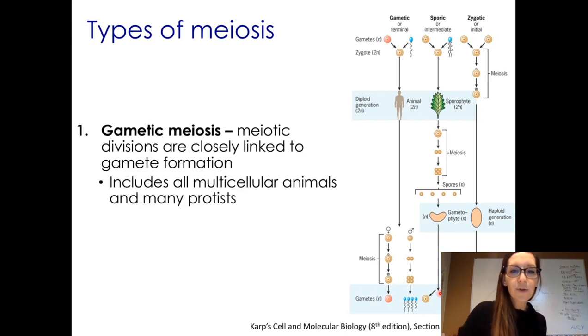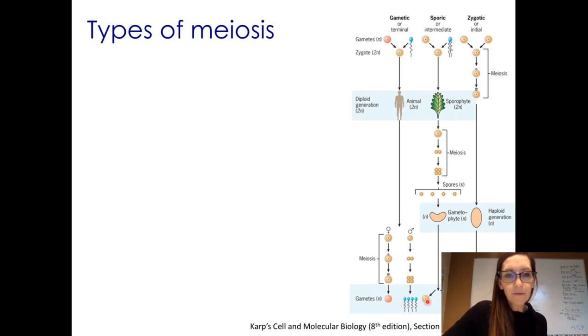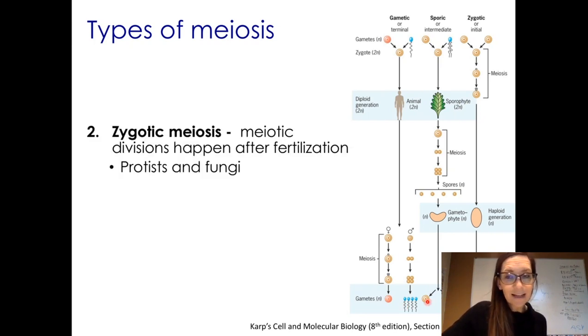So just to go through these one by one, for most multicellular animals and many protists, we see this gametic. And in the gametic, again, the meiotic divisions are directly linked to gamete formation. You can see down here. And then zygotic, that meiotic process is happening right after fertilization.